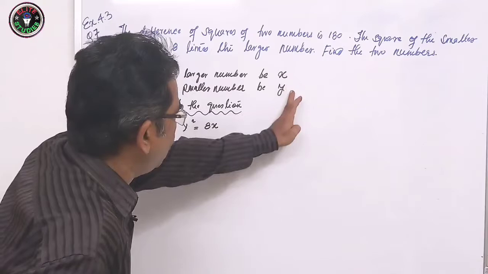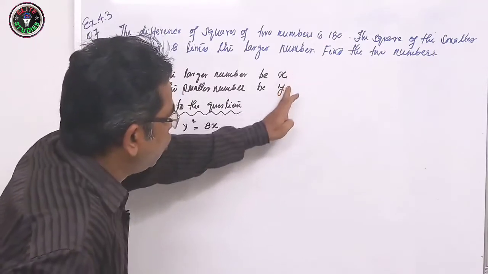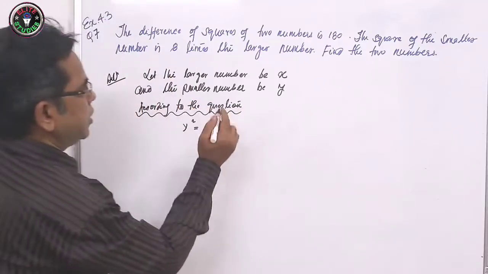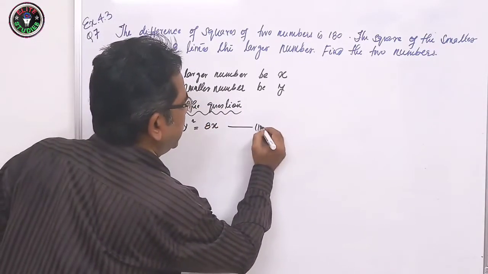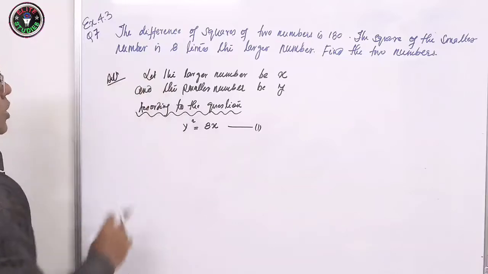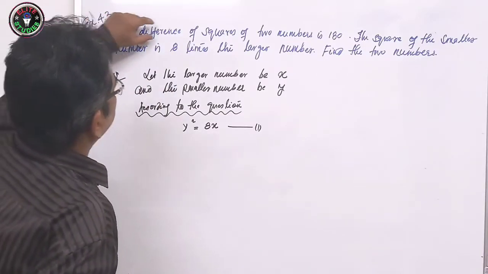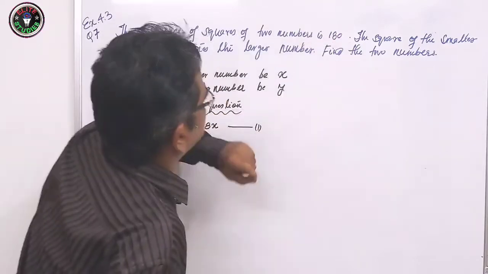Since there are two variables, two unknowns, we need two equations. The first equation is framed. Now you have to go for the second equation. How do we frame the second equation? From this condition: the difference of squares of the two numbers is 180.